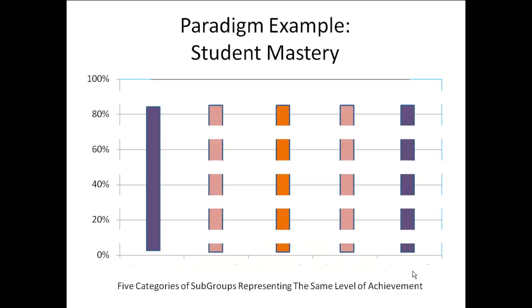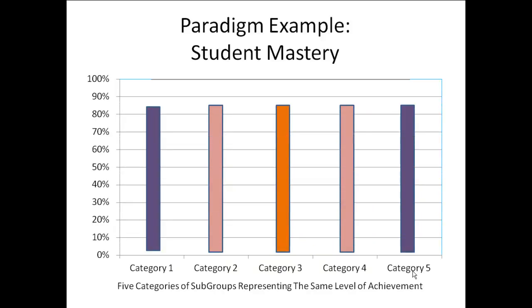In contrast, here's a very different paradigm example. This particular paradigm is based on the concepts of total quality management. And what we use in this particular example is the paradigm of student mastery.